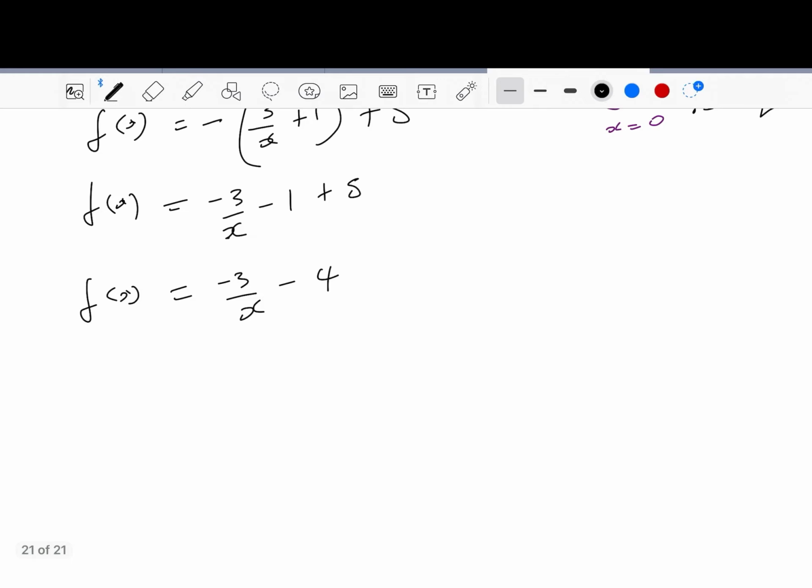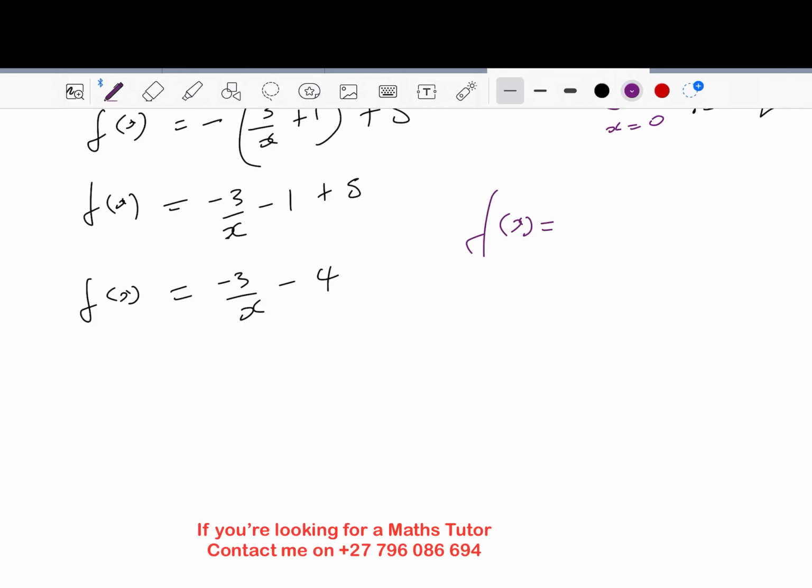And remember again, when we talk about asymptotes, we say this is the general equation of a hyperbola: a over x minus p plus q, and we have two asymptotes. Number one, we have a horizontal asymptote, and the horizontal asymptote is y is equal to q, positive q, because we're looking at this one. If it was negative q, this was going to be negative as well.